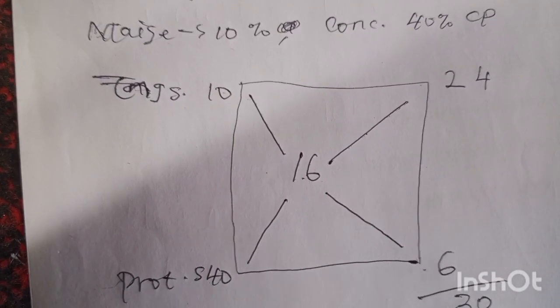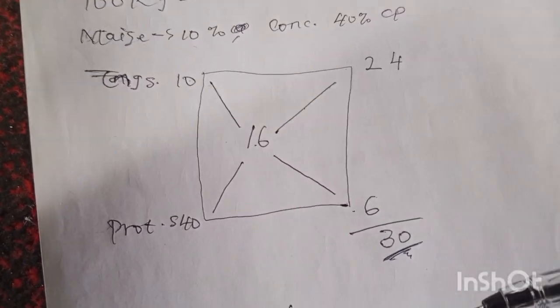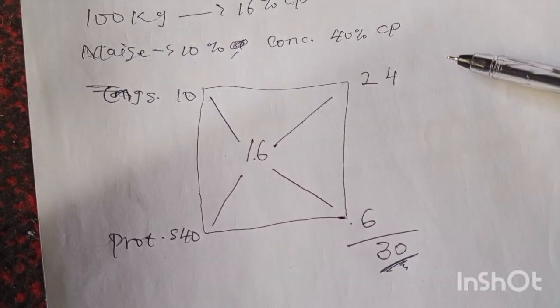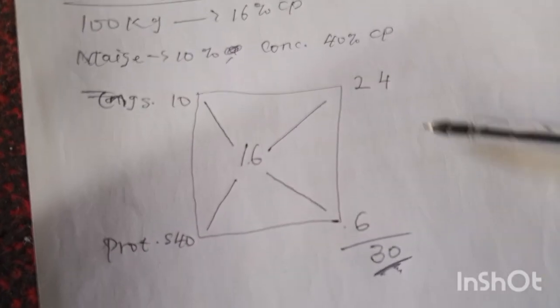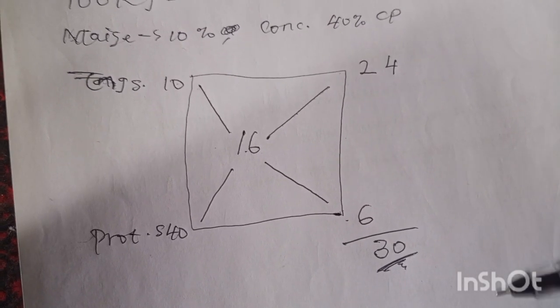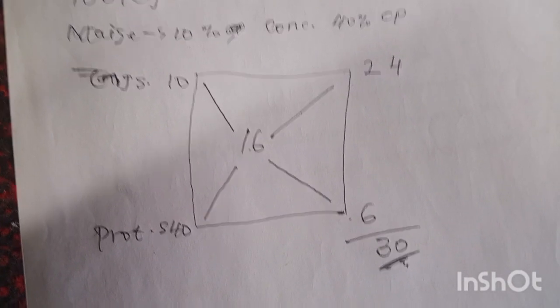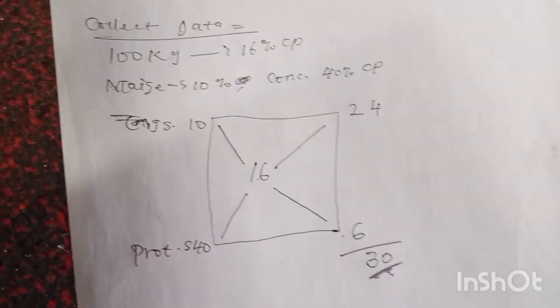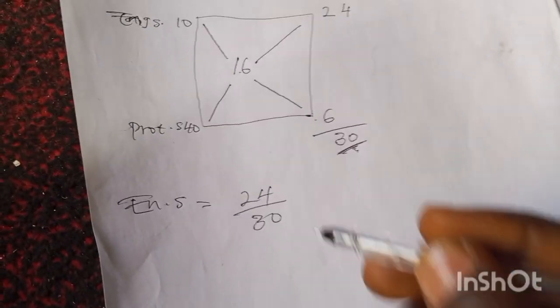Now, we are trying to confirm if everything here will give you 100 kg. You are trying to confirm if both the energy source and the protein source can give us the total 100 kg that we are looking for. So we are just confirming it yet, not the main calculation yet. Do you understand that point now? So let's go forward and see what we are going to do.